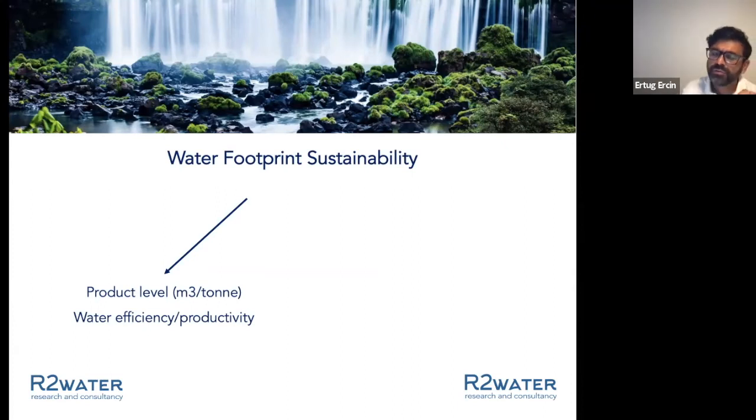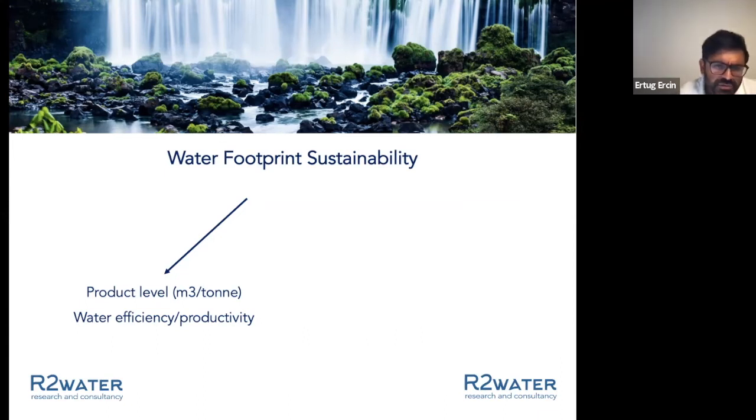It's about two levels. The product level is about water efficiency or water productivity for agriculture, which means how much water you use, for example cubic meters per ton. In the US you can say gallons per ton of product, or I think it's US tons as well, so how many gallons of water you use per ton or unit of production.